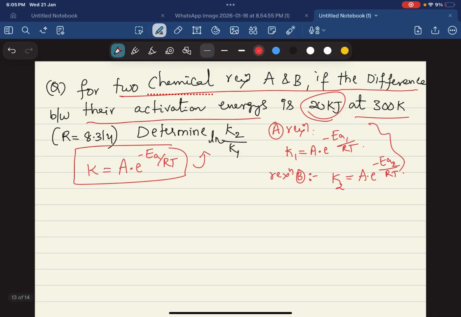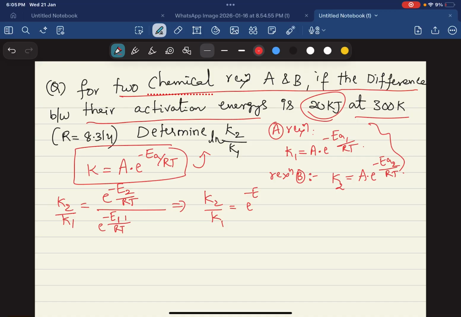So we are just taking the ratio of these two. K2 by K1 equals e power minus Ea2 by RT divided by e power minus Ea1 by RT. Sorry, Ea1 by RT.